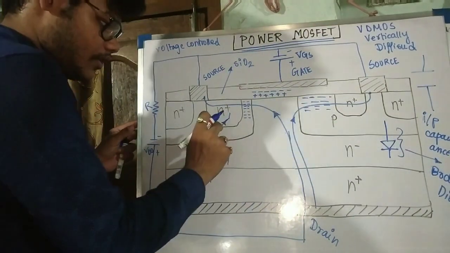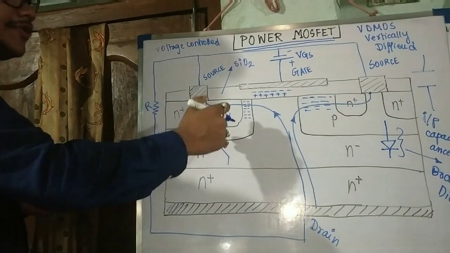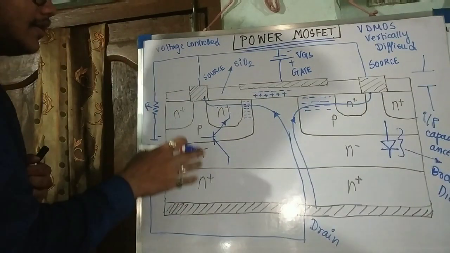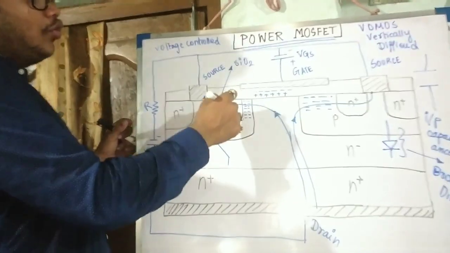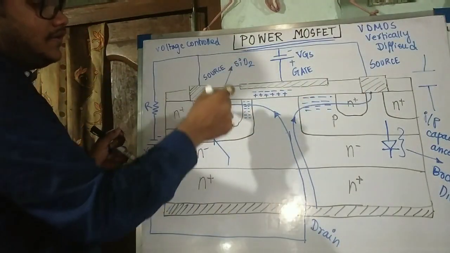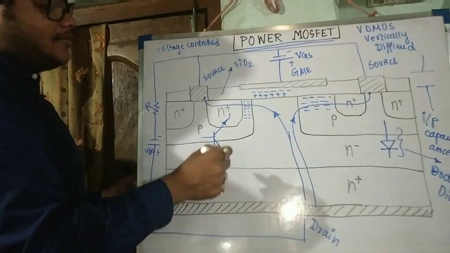And see, for this BJT, how this BJT is non-functional. See, its emitter and the collector both are shorted by the source terminal. See, both are shorted by the source terminal.